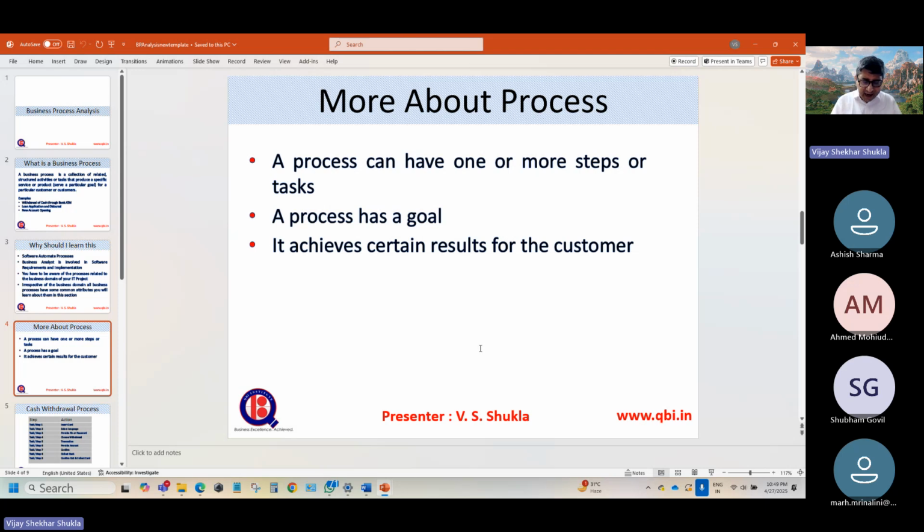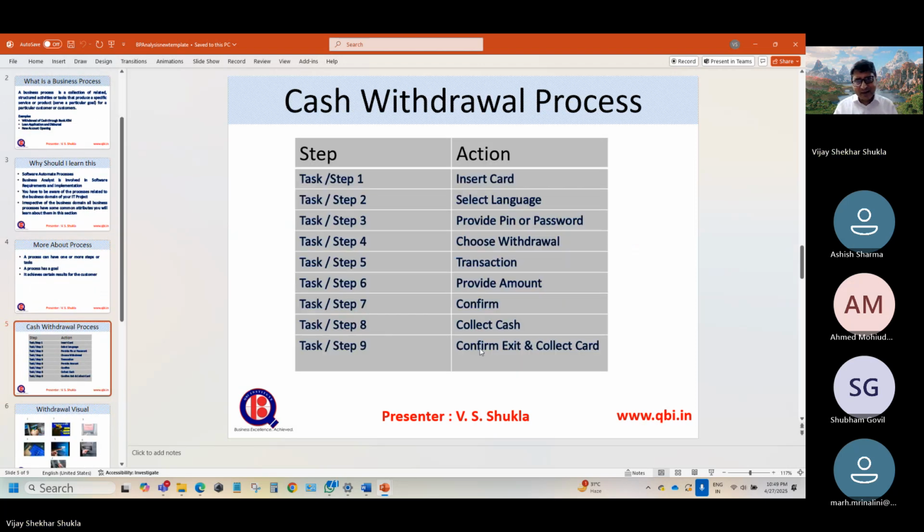So we identify process steps. While the process will proceed in individual steps, we will identify the scenarios where the process will branch. What happens when, what are the options? So all this is processes.